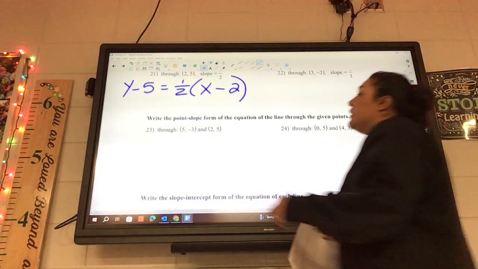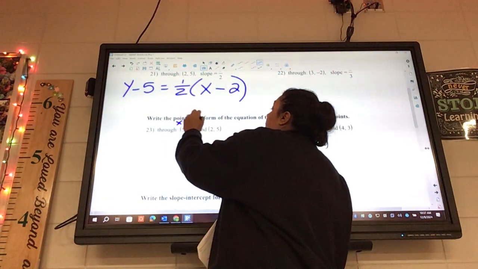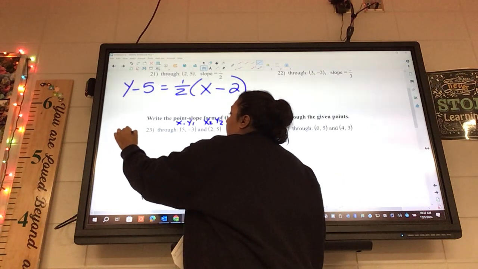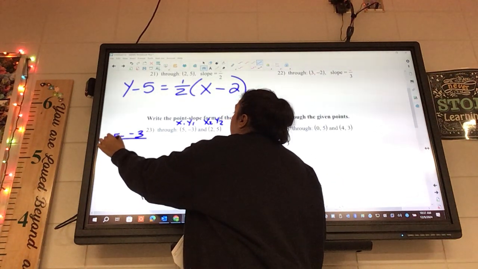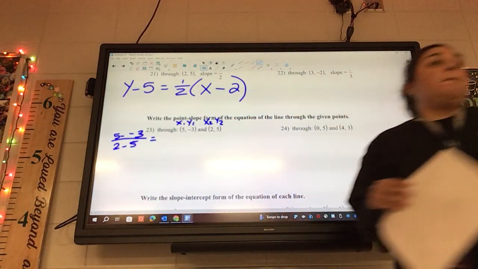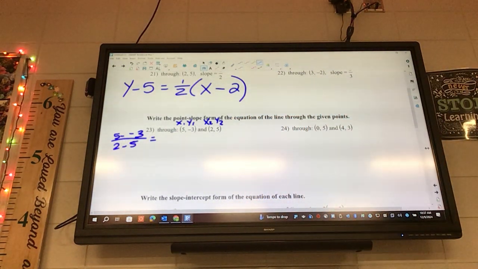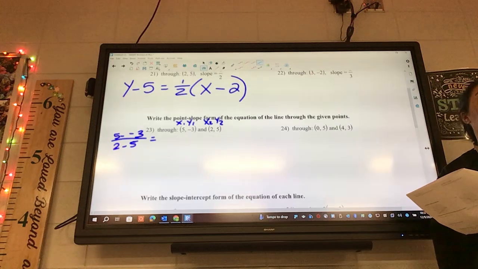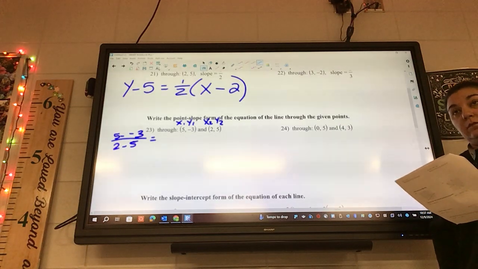Okay, 23, we need to go through and find the slope first. Okay, so it's gonna look like 5 minus negative 3 over 2 minus 5. Okay, type that in your calculator, see what you get. 8 over negative 3.